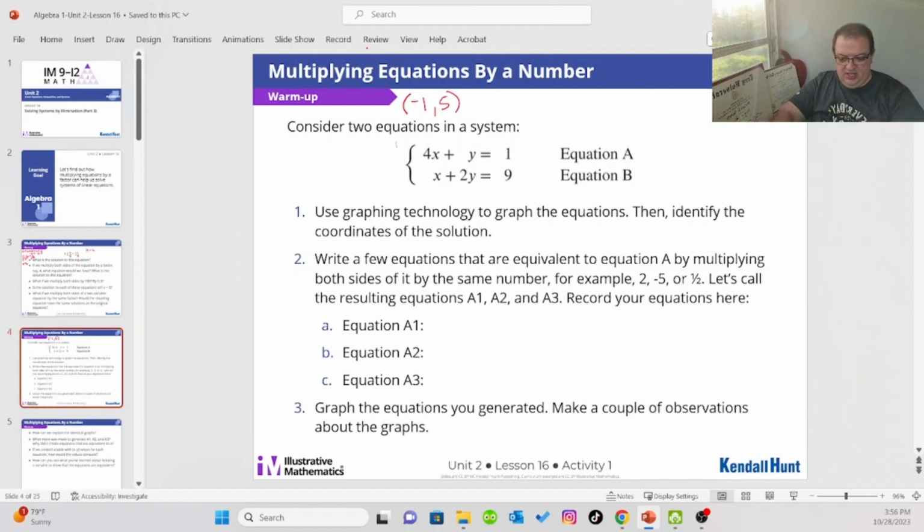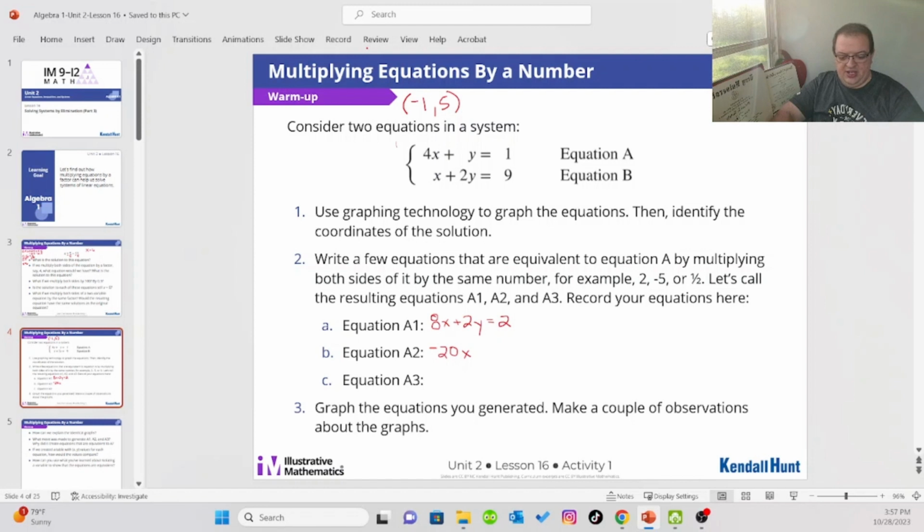So, if I multiply the first one by 2, 4x times 2 is 8x. Y times 2 is 2y. And 1 times 2 is 2. If we multiply by -5, -5 times 4x is -20x.